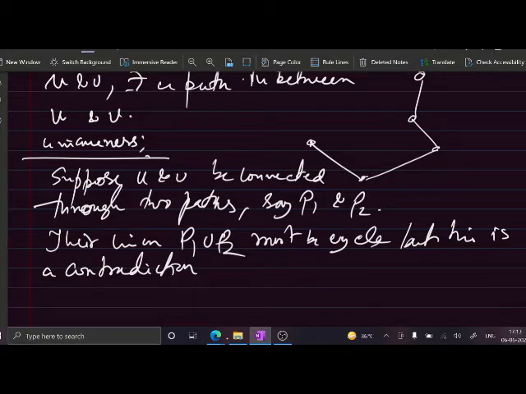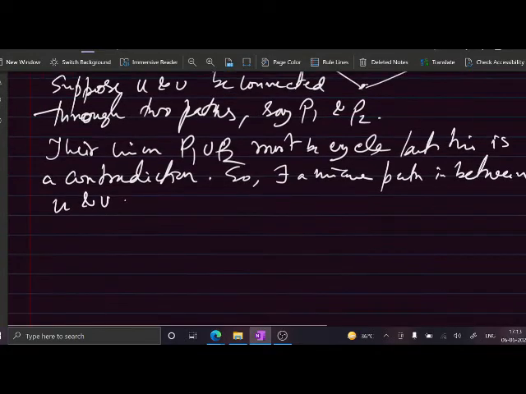So there exists a unique path in between u and v.